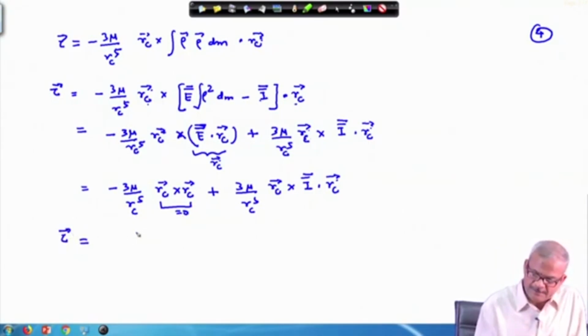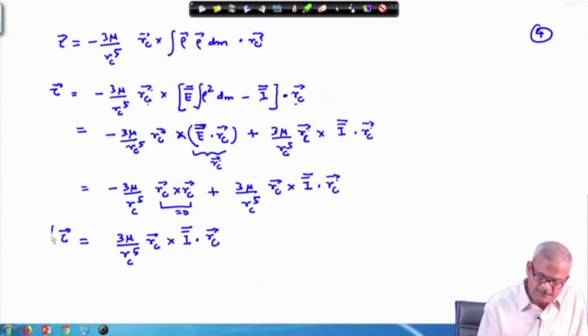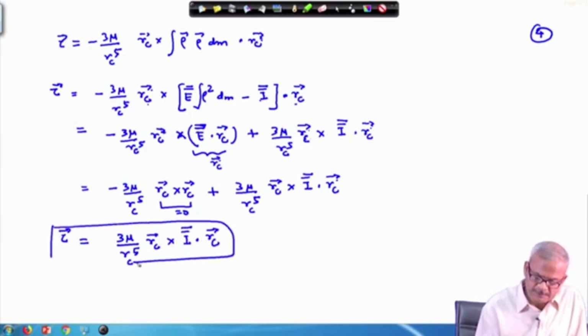So, this part vanishes and what we get is 3 mu by R c to the power 5 R c cross I double bar dot R c. So, this is the gravity gradient torque equation.